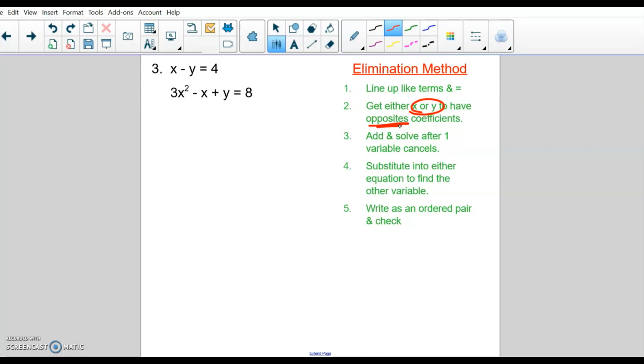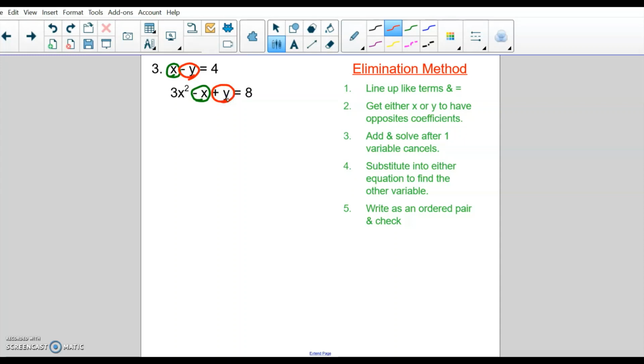And so if they do, then we can just add the two equations together and some variable will disappear. So in this particular problem, you might notice that the x is positive and this x down here is negative at the same exact time. The y is negative and this y is positive.